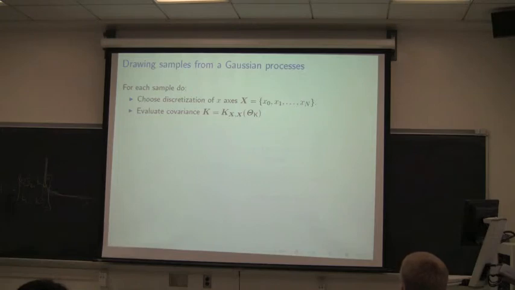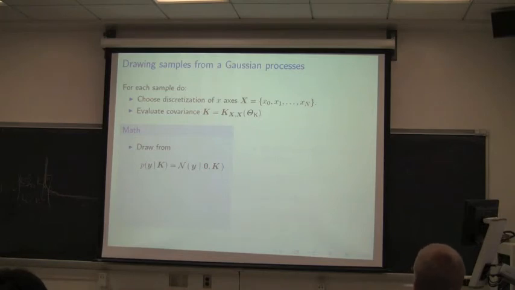In one case it was 10 points, in the other case 500. Then we draw from this zero-mean Gaussian distribution, plugging in this k, and that gives us the values of y. Then we plotted x versus y, where x was used to compute k, and y were the samples from the distribution defined by x.